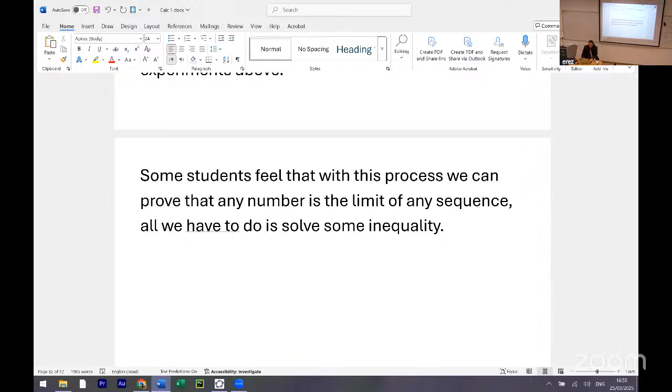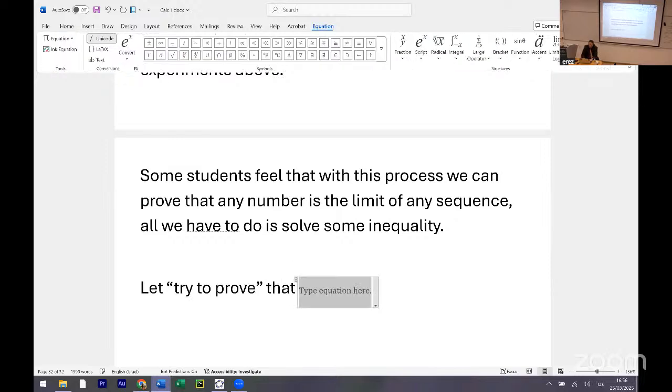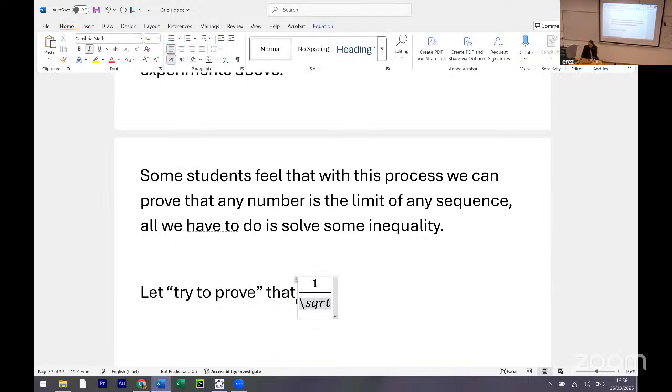So let's try to prove, okay, that 1 over square root of n tends to 1.